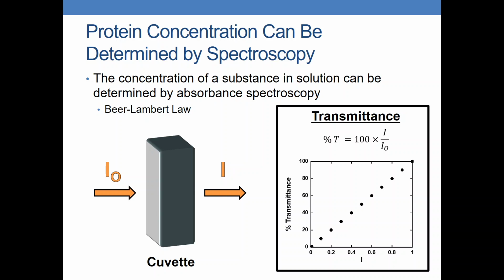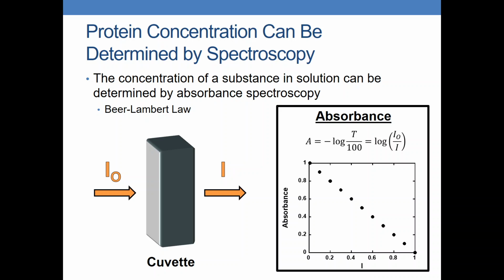If you have full 100% transmittance, this would suggest that you have very little actual absorbance. The light is not really interacting with your molecule in solution. If you have very little light transmitted, then perhaps you have a lot of absorbance. Your molecules in the solution are absorbing a lot of the light that's being put in.